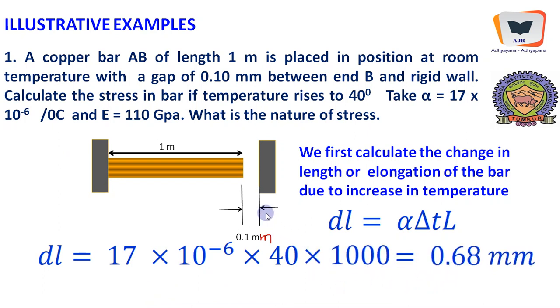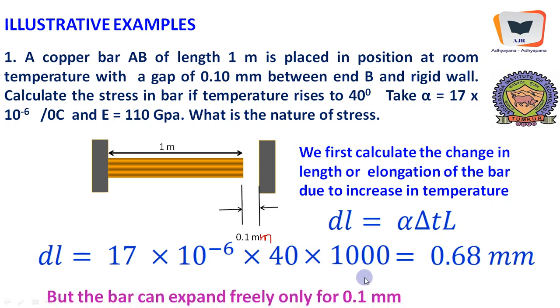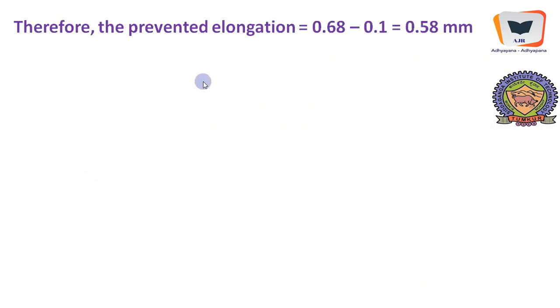But the allowance is made only for 0.1 millimeter. This amount of expansion is restricted, which will become the reason for the development of the thermal stress, and it will be compressive stress. The bar can expand freely only for 0.1 millimeter. Therefore, the prevented elongation is 0.68 minus 0.1, 0.58 millimeter.